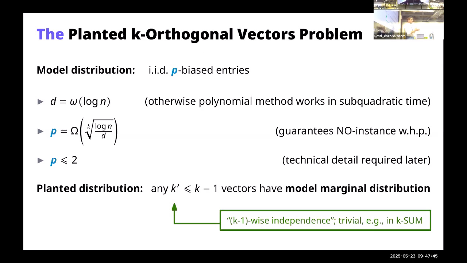So this is something that, if you think about planted k-sum, you get completely for free. If you just draw random numbers between 0 and m for some modulus m, and then plant by taking one number and setting it so that it complements some k-1, then any single number or any subset of any tuple of at most k-1 numbers has the same distribution, as they're all independent.